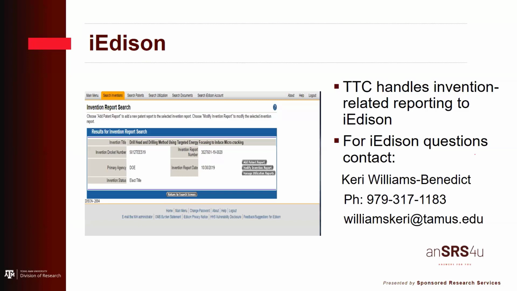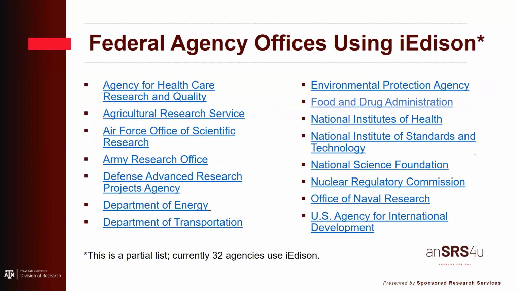Most of the agencies, we have the ability to report through this mechanism. This is just a listing of some of the agencies. Not all of them are yet using this iEdison portal, but quite a few of them are using it.